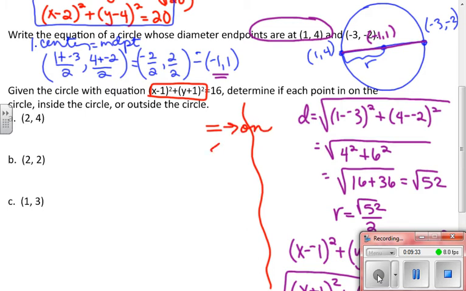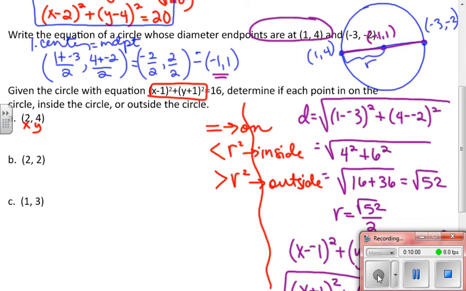If I end up with some value that is less than my radius squared, then I'm inside. I came up short. And if I end up with some sum that is greater than the radius squared, then I ended up outside of the circle with that given point. If something equals out in an equation, it means it's a solution, an ordered pair that satisfies that equation. So this is a matter of substitution.